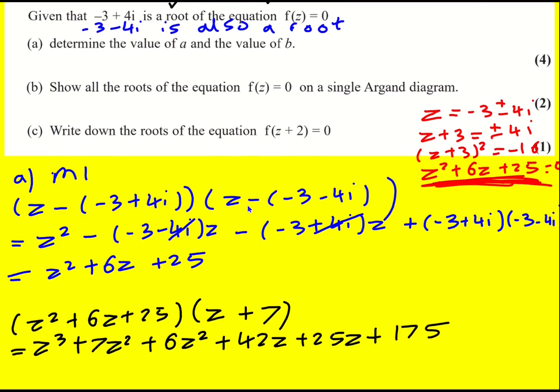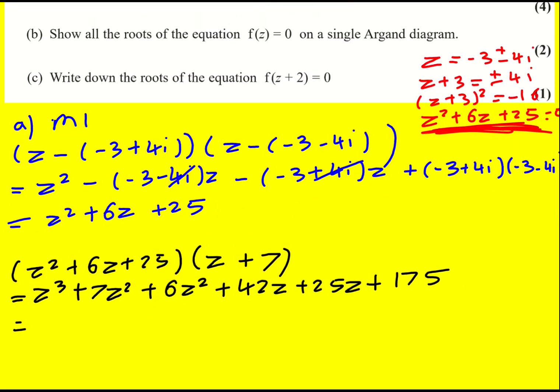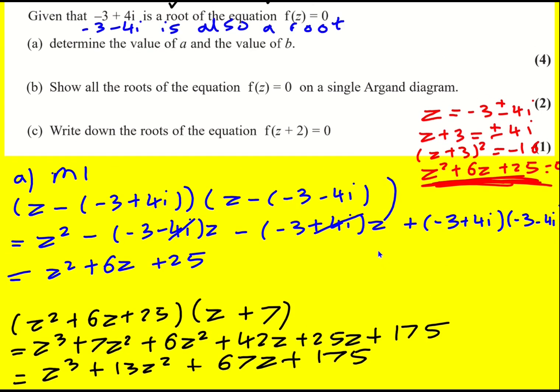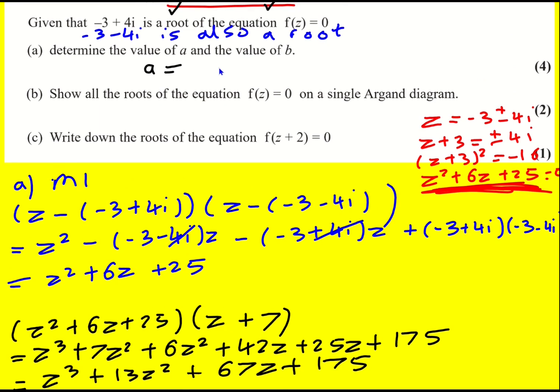Oh yeah, we knew that one. That gives z cubed plus 13z squared plus 67z plus 175. So therefore a, that's the z squared term, is going to equal 13, and b is going to equal 67.